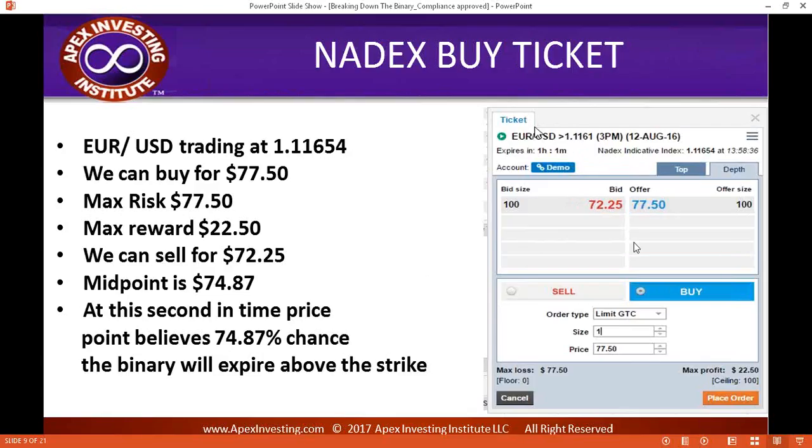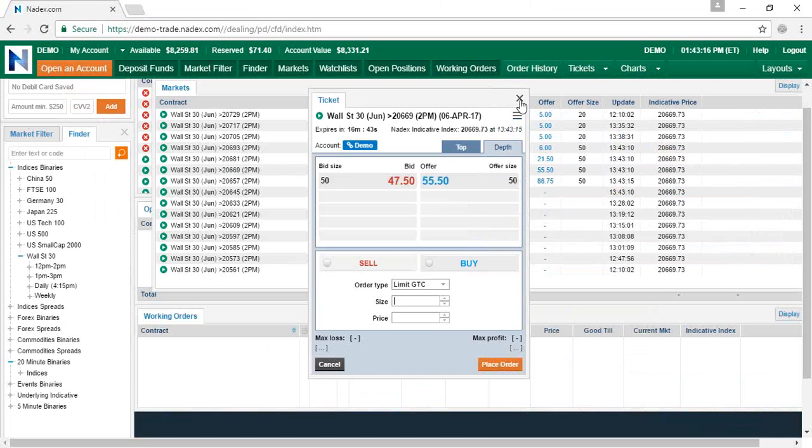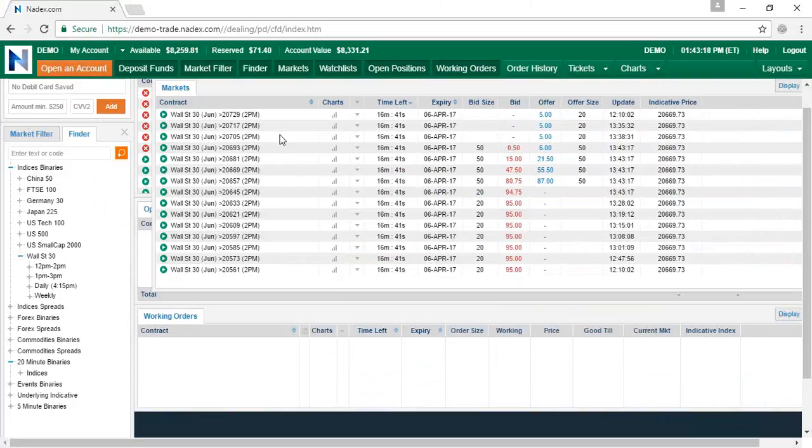So what you have to realize is a contract that's in the money on a buy side is an out of the money contract on the sell side. Does that make sense? Let's look at a different example. In our talks here, what have we been saying?